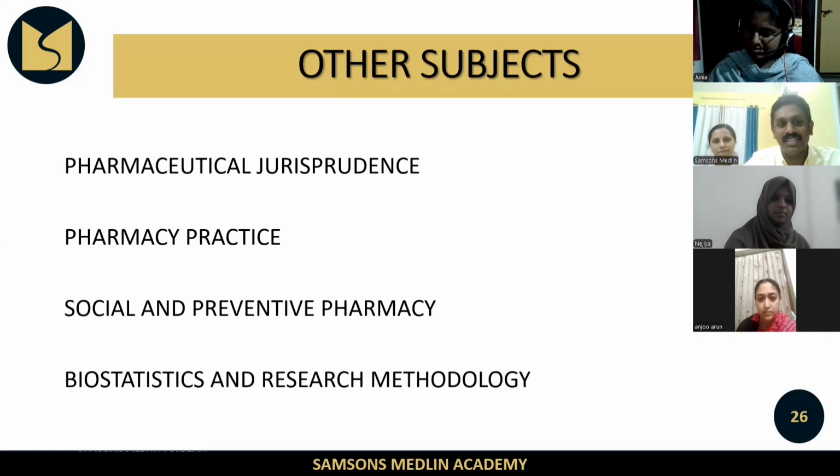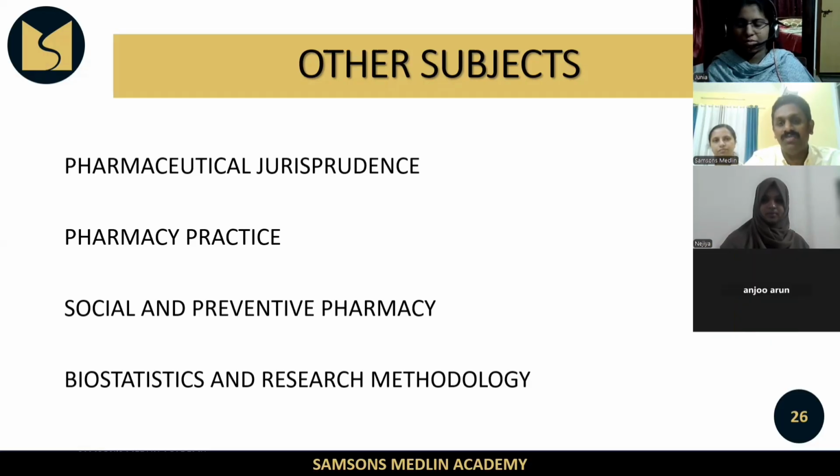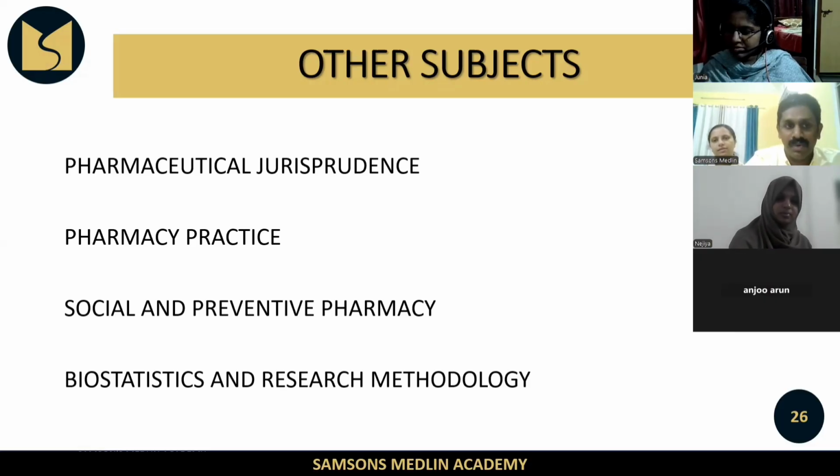For medical devices, the questions in our area will be from pharmaceutical jurisprudence, especially the laws connected with medical devices. So after your B.Pharm, jurisprudence is very important, and in other exams, like analyst and drug inspector exams, special emphasis is given to jurisprudence.